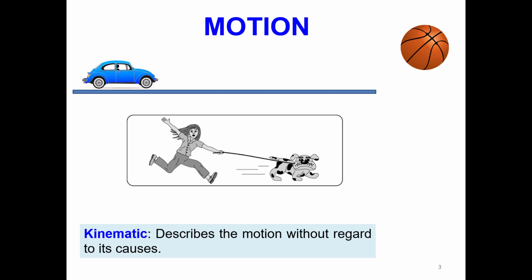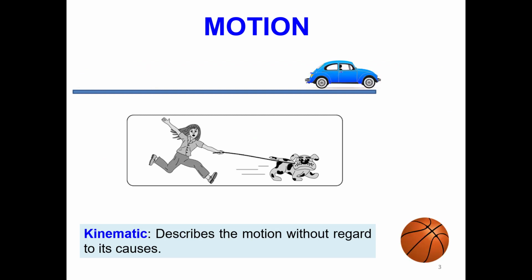If we want to describe the motion of this car, or the motion of this ball, what do we need to know? How can we describe the motion of the car and the ball? What variables do we need to use to describe that motion?